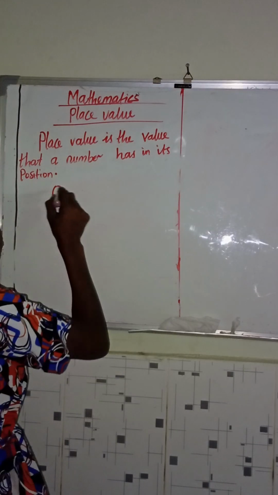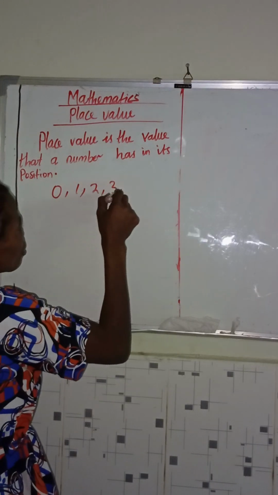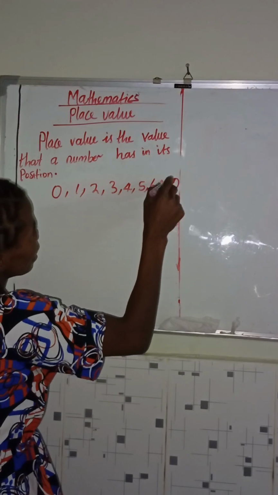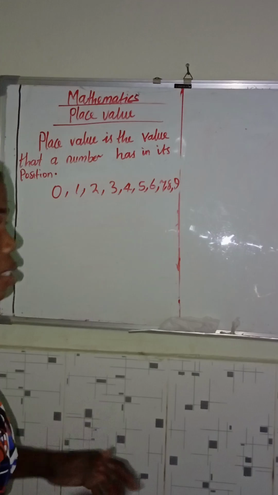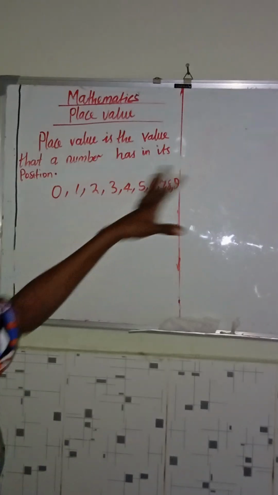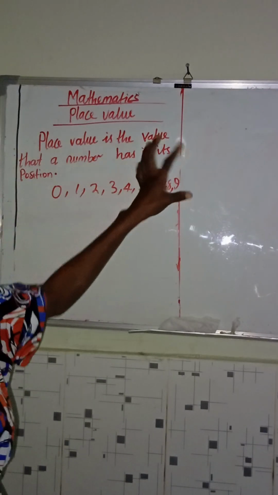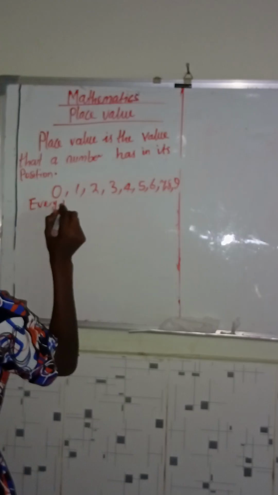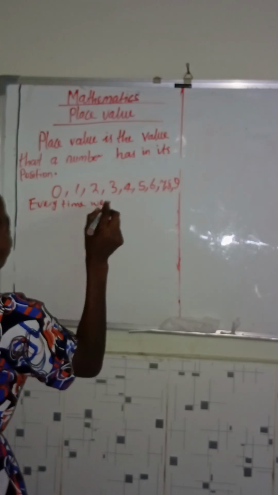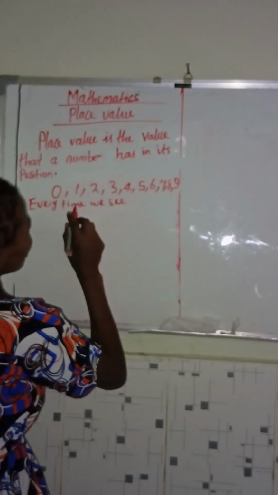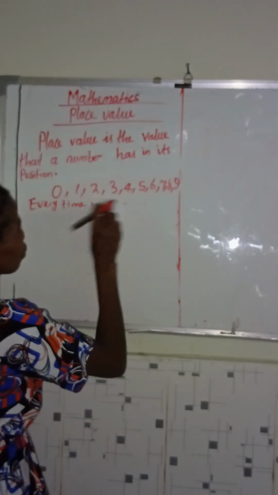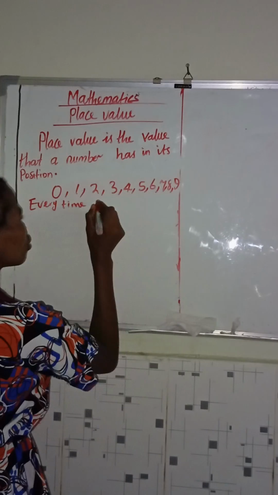So let's see something. One, two, three, four, five, six, seven, eight, and nine. These are the denary base system, the number base 10 number system. Every time you see any of these numbers standing alone, we call them a unit.